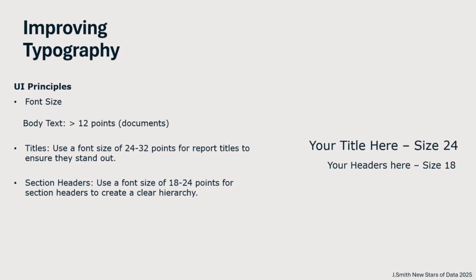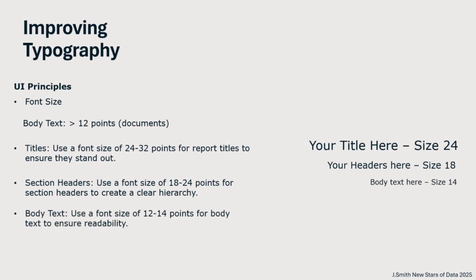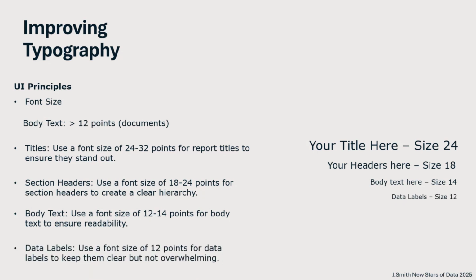And this will start building your hierarchy. And then for body text, we can aim for something between 12 and 14 points. And for data labels, it is very tempting to use the smallest size available, but try to use 12 points, and you will still keep your chart clear, and it's not overwhelming. You can still read it, most importantly.